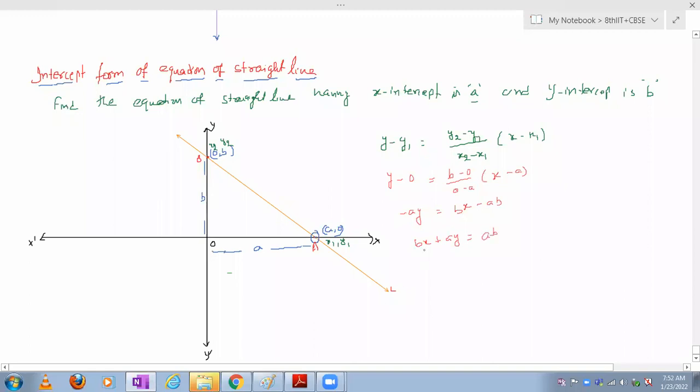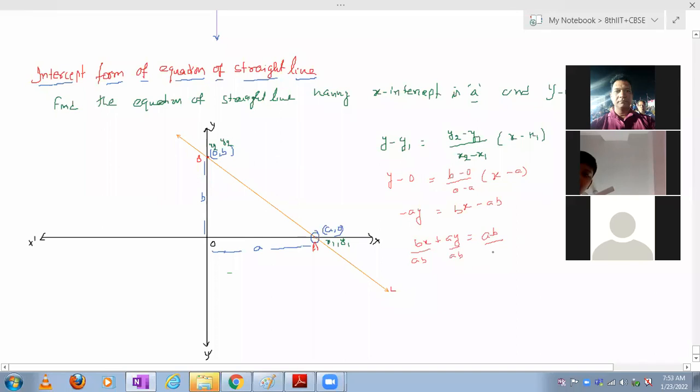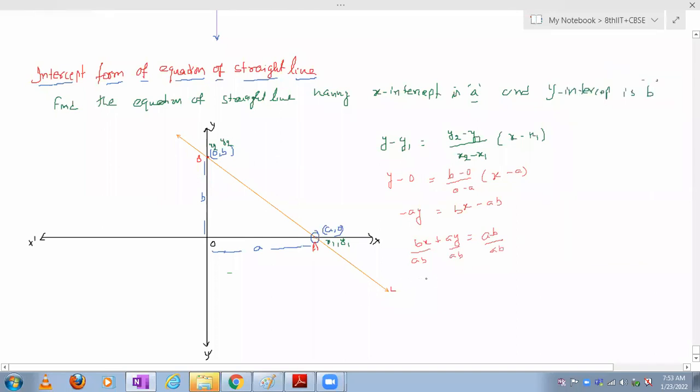Okay, now divide both sides by ab. Then what will you get? b cancels, a cancels, ab cancels. Therefore, what you will get as the equation of straight line? x by a plus y by b is equal to 1. This is the intercept form of the equation of straight line.